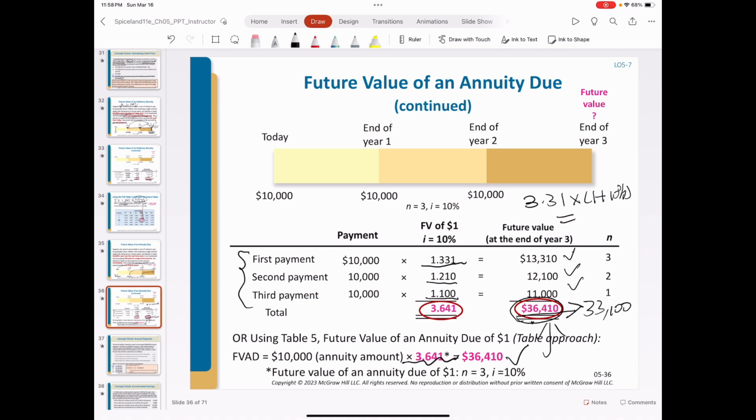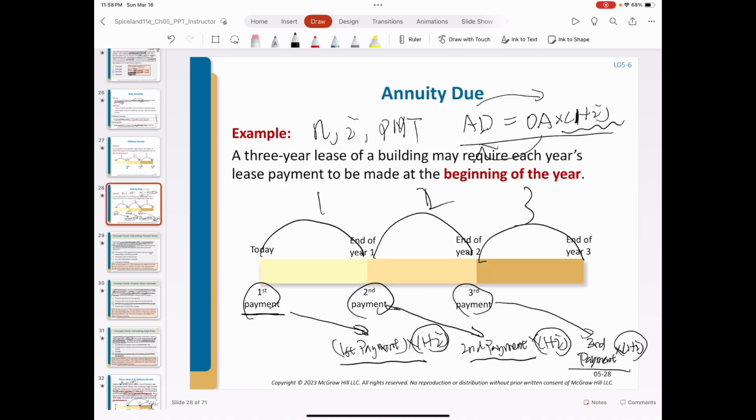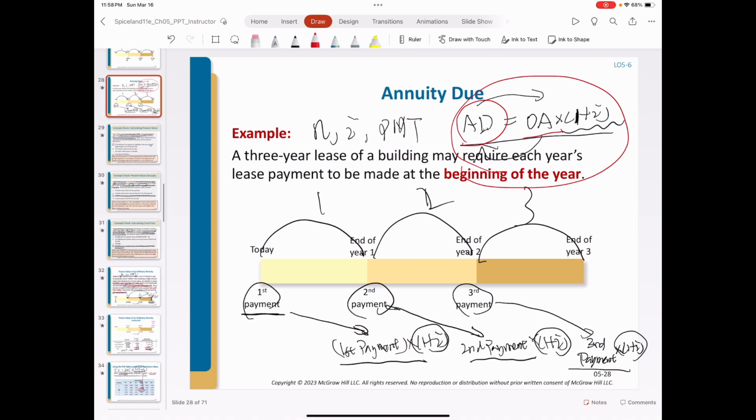This just equals 3.641. This is what I introduced in the prior slides. We can use this relation even if we don't have the table for AD, annuity due. If we have ordinary annuity, we just multiply each factor by 1 plus i. We can get the table for annuity due.